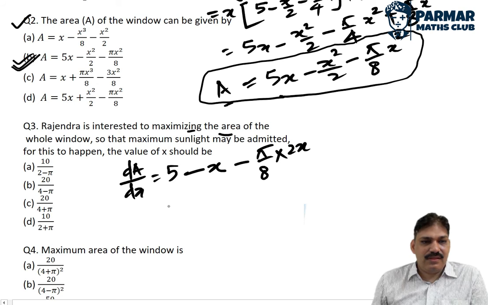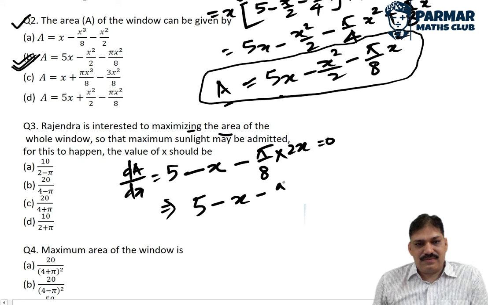On equating this to 0, what we get is 5 minus x minus (pi/4)x is equal to 0.